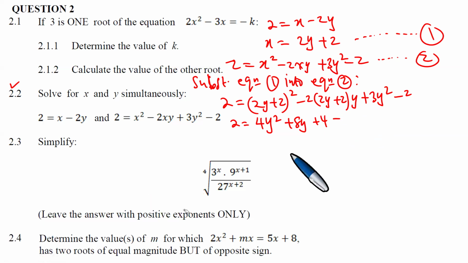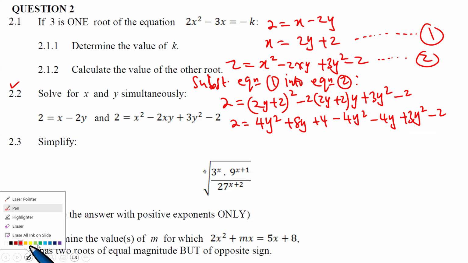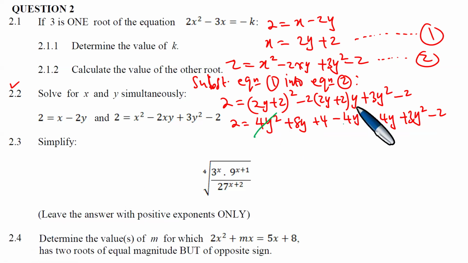So this one gives us minus 4y squared, and this one gives us the minus 4y plus 3y squared minus 2. 4y squared cancels minus 4y squared, leaving us with exactly 3y squared. 8y minus 4y gives us exactly 4y.